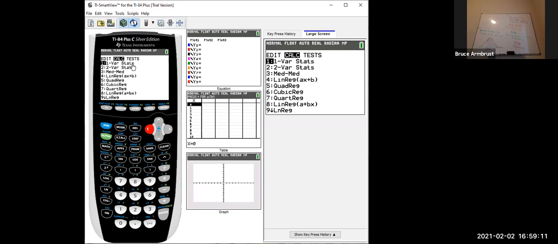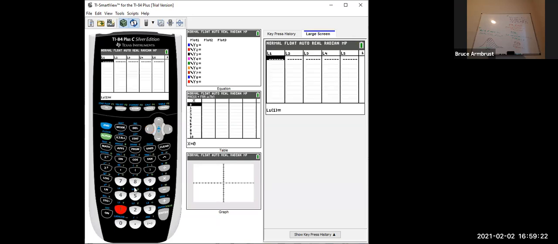You need to have a list of data. Once you have a list of data, you can actually do this. So let me just show you real quick. Let's edit. I'm going to hit 1. I'm going to put in a list. Let's just put in a list of data. So I'm going to put some random numbers in here.